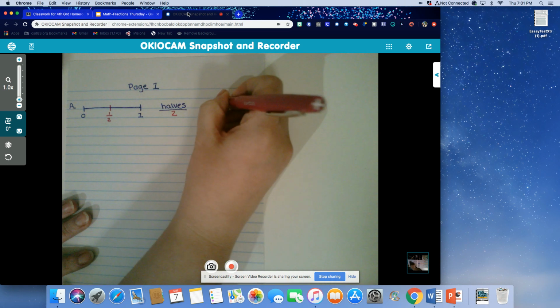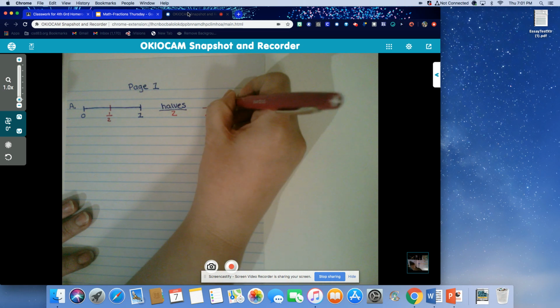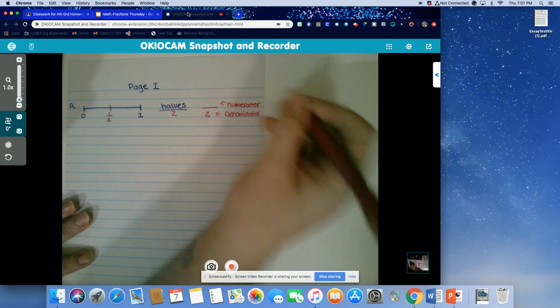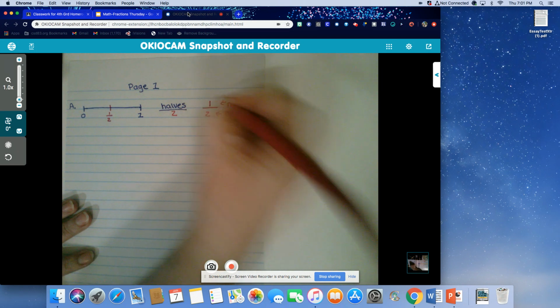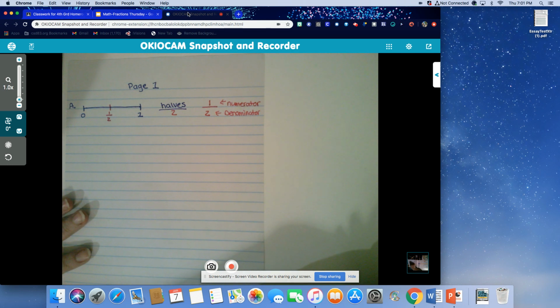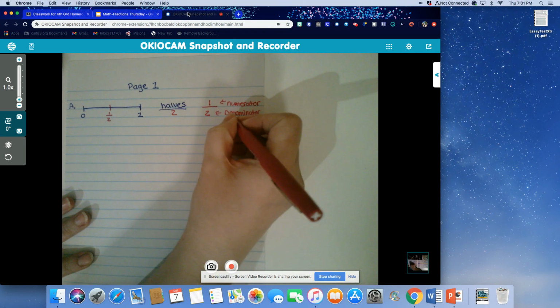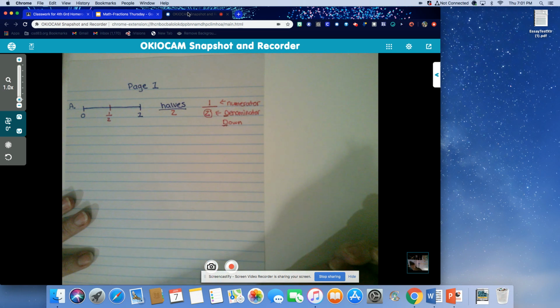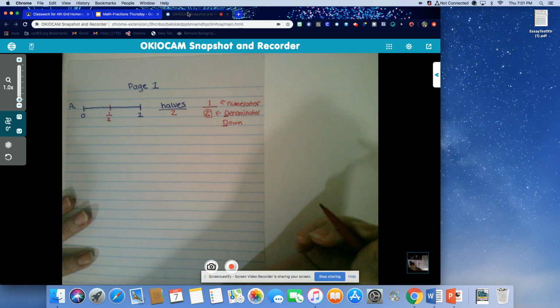The numerator goes on the top. Numerator. And that tells us how many pieces we ate, okay? Just remember, denominator starts with a D and down starts with a D, right? So denominator means down, which is always on the bottom. Denominator is down on the bottom, okay?